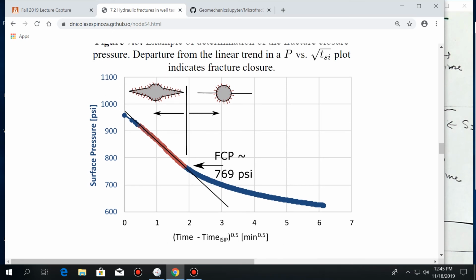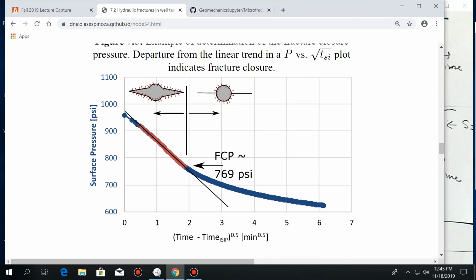In this plot, after shut-in, pressure goes down very quickly with the square root of time. It also appears to go into a linear trend, but after some point it starts to deviate from that, which means that after this point the pressure goes down more slowly.